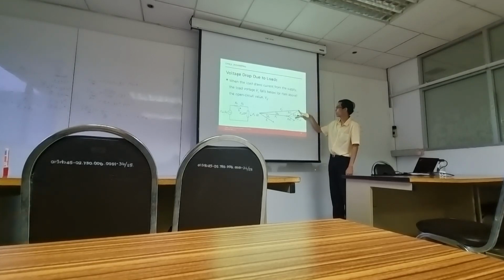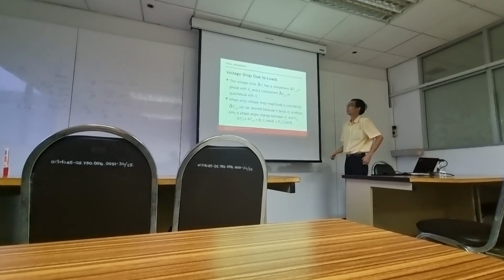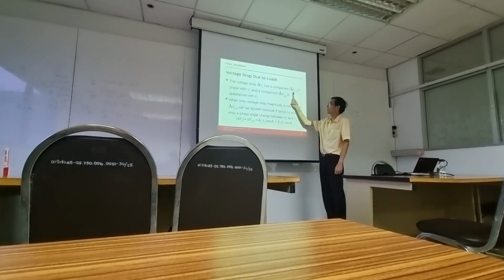Okay, this is real part and imaginary part. The voltage drop will have component delta VLR in phase with VL and component delta VLX in quadrature with VL. You can see the phasor diagram like that.